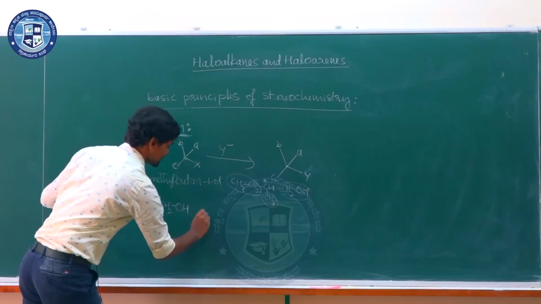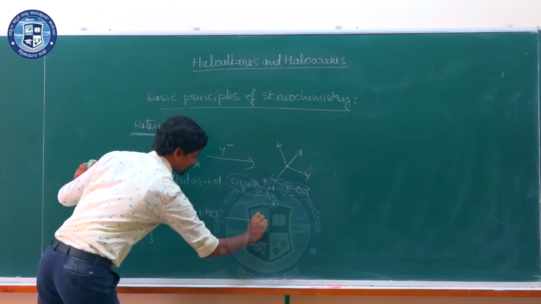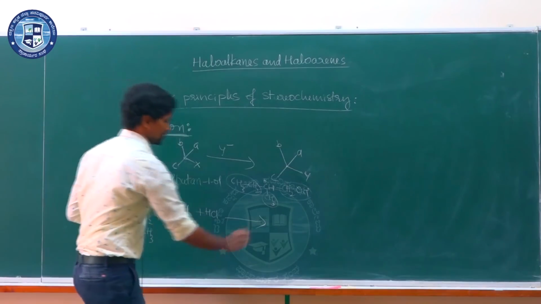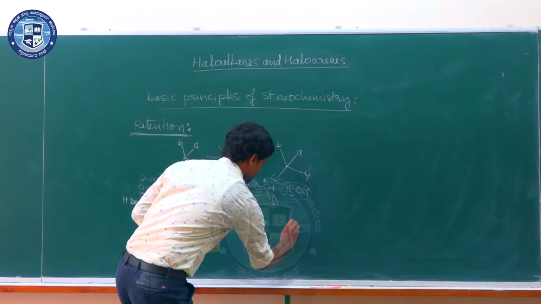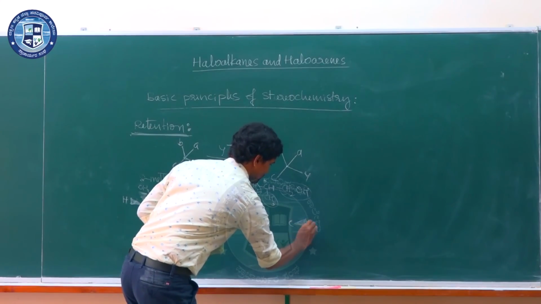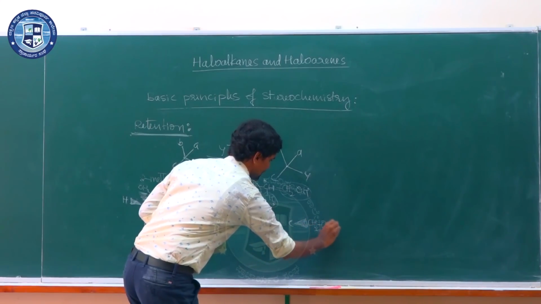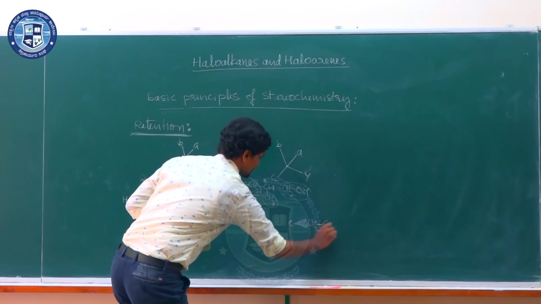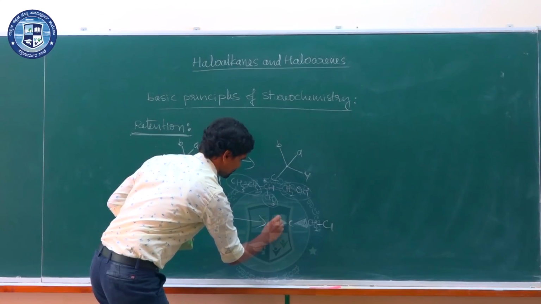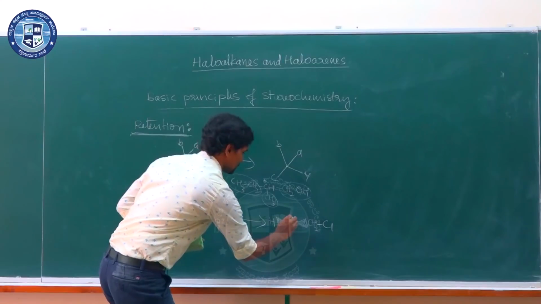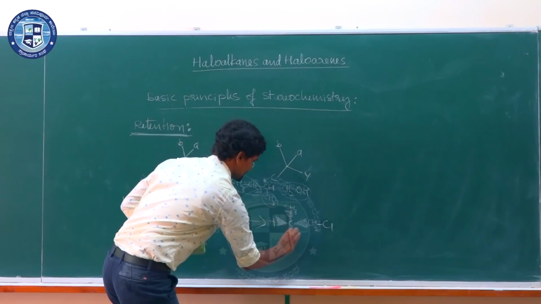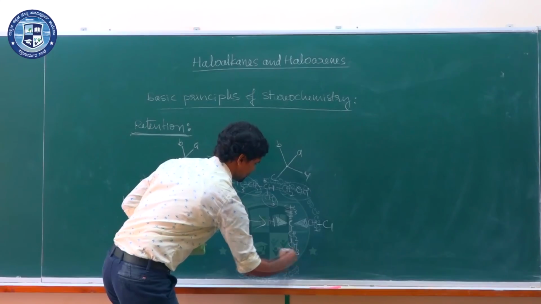Now, if it is reacted with HCl, this OH is replaced by Cl, and you get the product: CH2Cl and here H. This CH3 remains as it is, and the CH2CH3 also remains as it is.